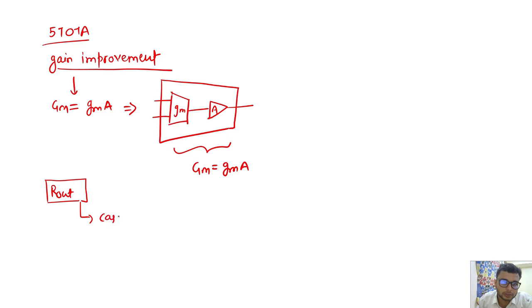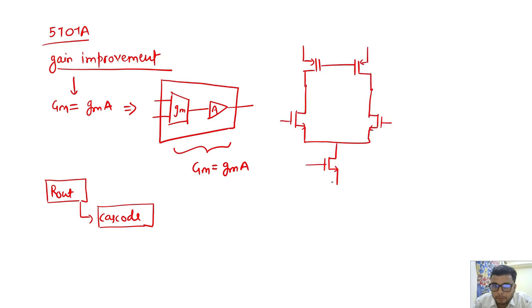First of these is cascode. So cascode is an important thing here, where we can use it to increase the gain. This is the basic structure for our 5 transistor OTA, and from this structure we know that the gain was what?